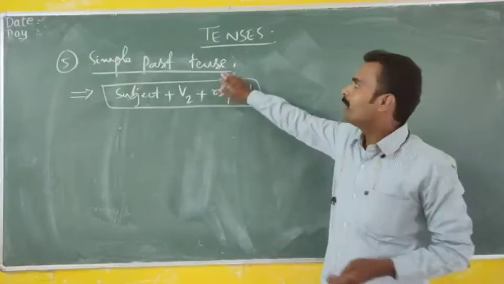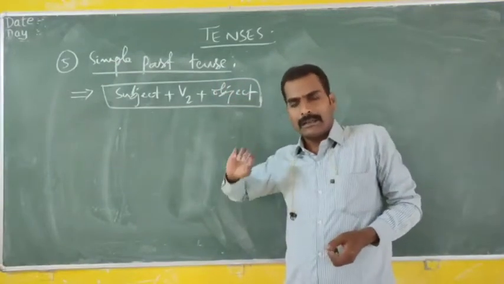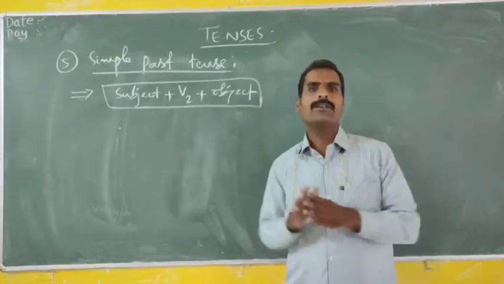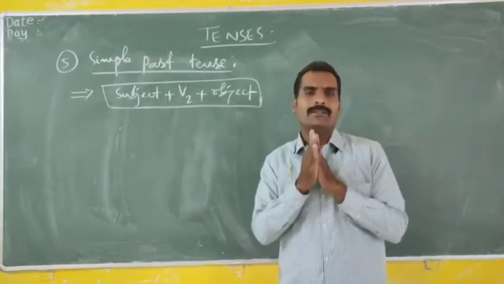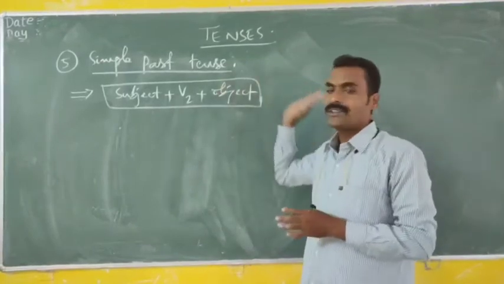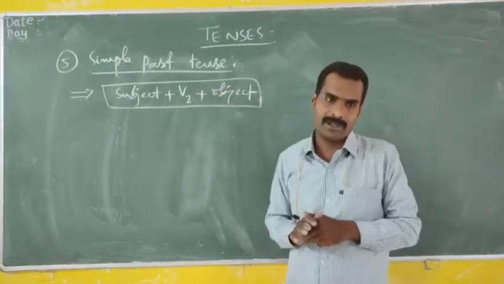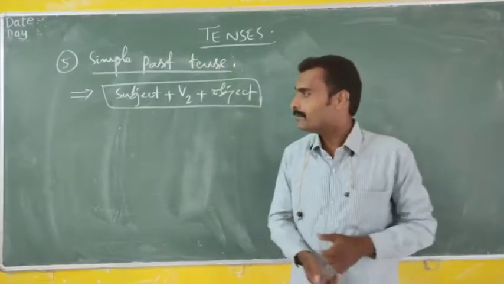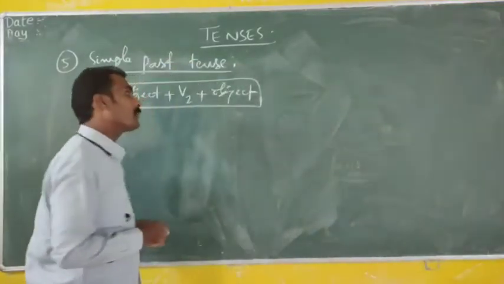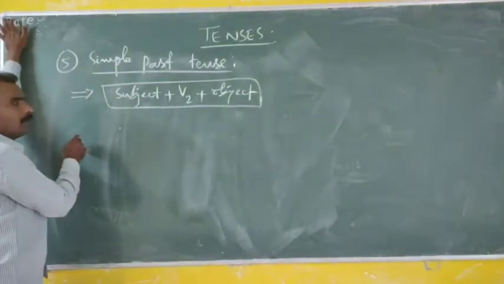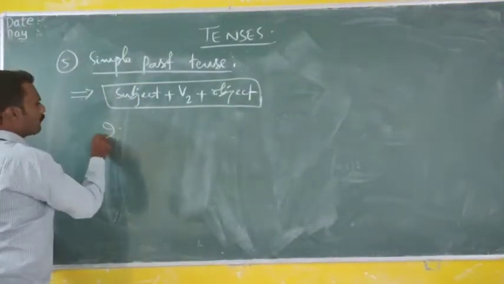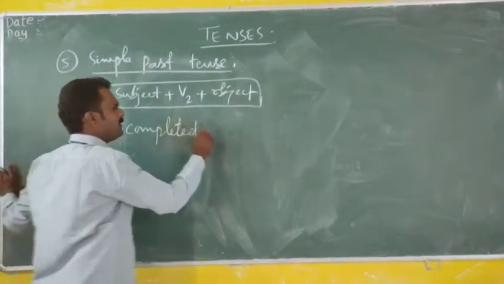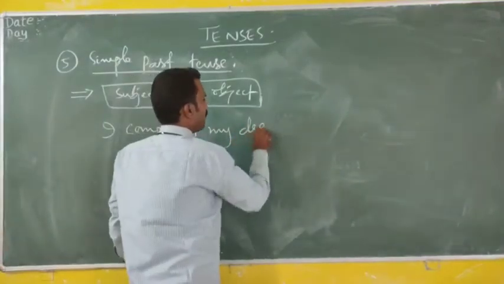అంటే ఈ సింపుల్ పాస్ట్ టెన్స్ మనం గతించిన కాలంలో ఏవైతే పనులు జరిగిపోయి ఉంటాయో వాటిని గురించి చెప్పుకోవడం కోసమే వాడతాం, రైట్? ఈ కాలంలో కాదు, గత కాలంలో. Let's see: I completed my degree.